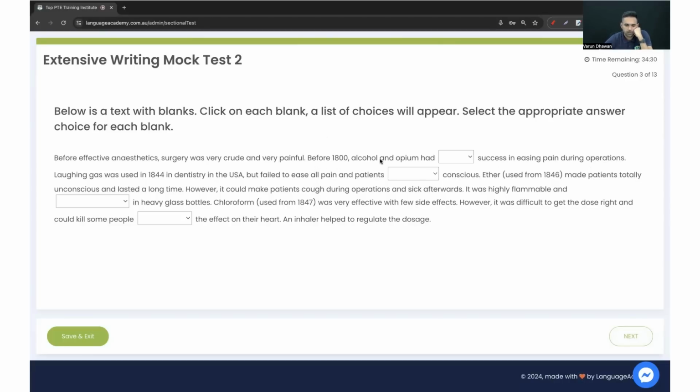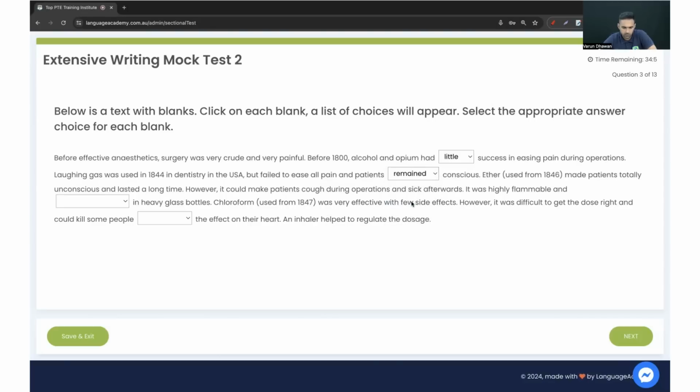Before 1800, alcohol and opium had little success. That's why new methods are being introduced. Laughing gas was used in 1844 in dentistry in the USA, but failed to ease all pain in patients. Now, this is a medicine given for anesthetics, means to make the person unconscious, but it failed. So patients remained conscious.